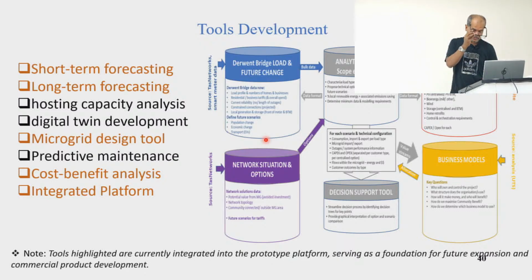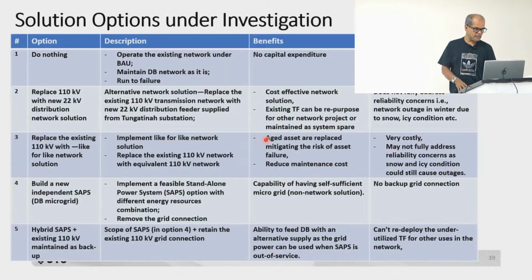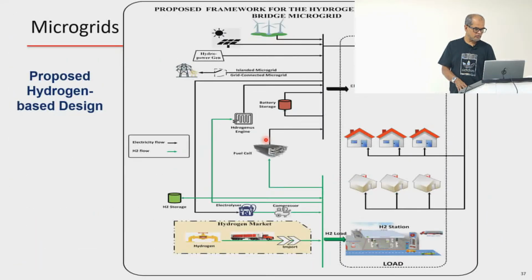So okay, let's just go back a few slides. So again, this is the sort of microgrid we actually designed in that particular area. So here you can see that we do have hydrogen, and then it has got other devices as well.